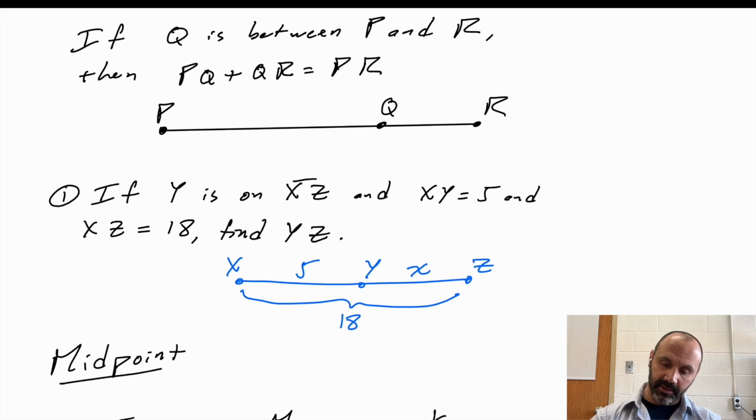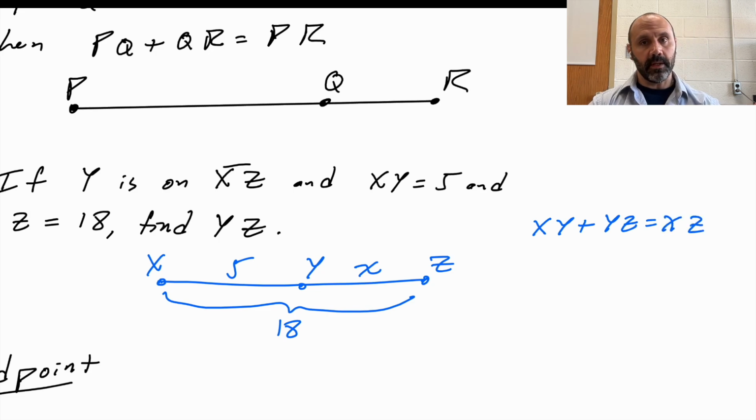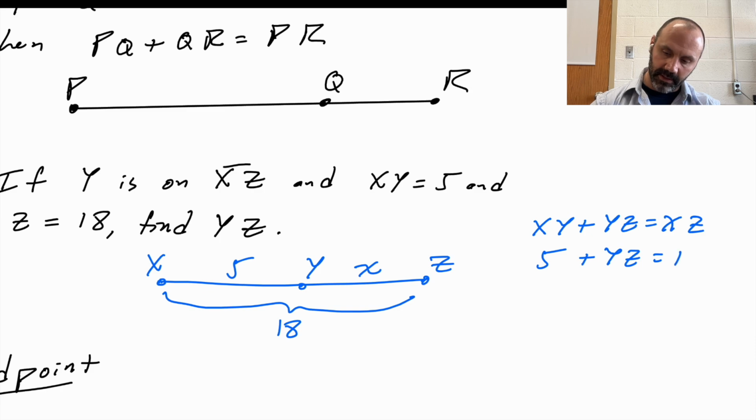But the segment addition postulate tells us that the length of segment XY plus the length of segment YZ equals the length of segment XZ. Then I can substitute. I know that XY is 5. The length of segment YZ I don't know. The length of segment XZ is 18. And now I subtract 5 from both sides, and I get that the length of segment YZ equals 13.